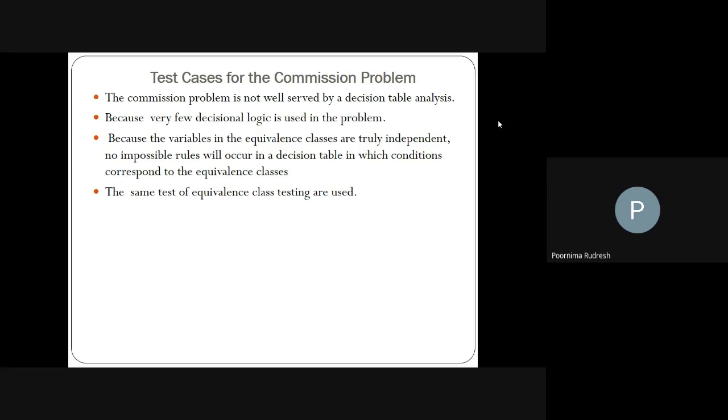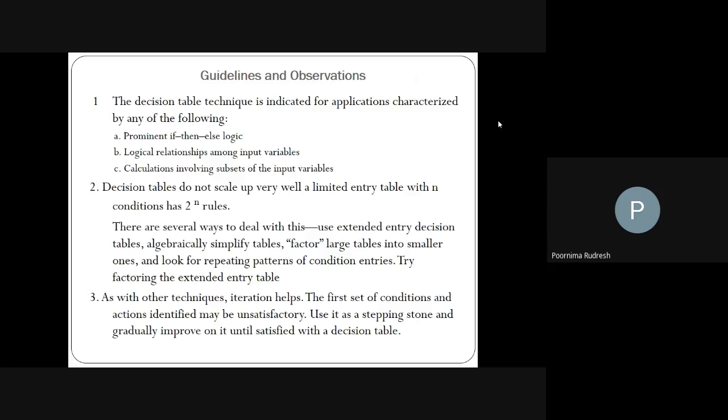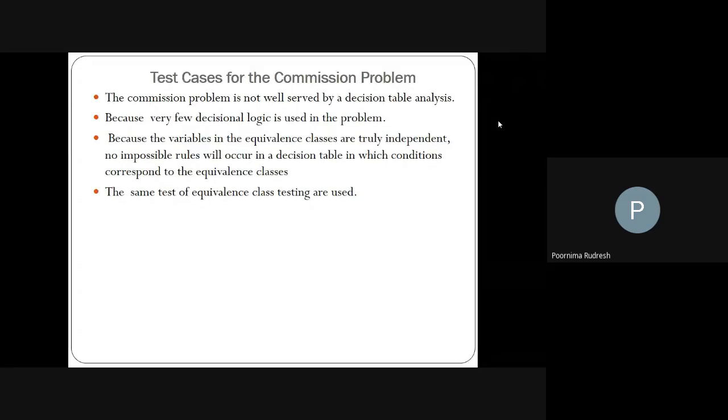So in the commission problem, in the decision table, we can use the same equivalence test classes that we studied in the previous chapter. We can use the same set of test cases in the decision table also. So this is about the construction of test cases using decision tables for the triangle problem and the next date function problem that we have studied, but constructing test cases using decision tables for the commission problem is not possible.